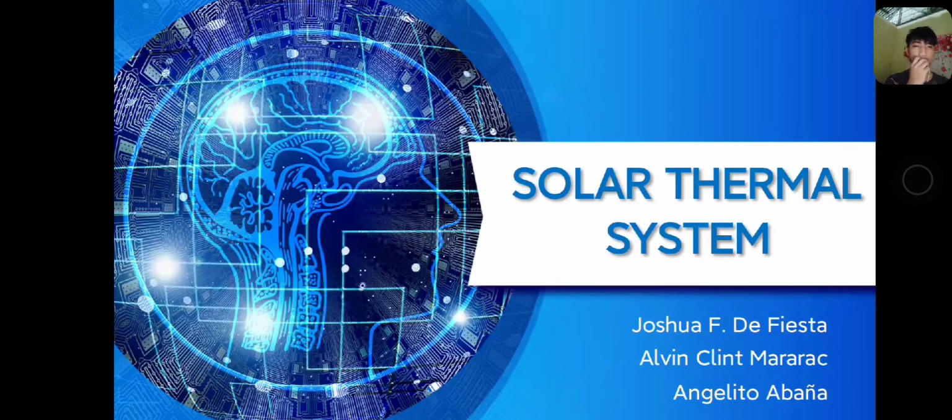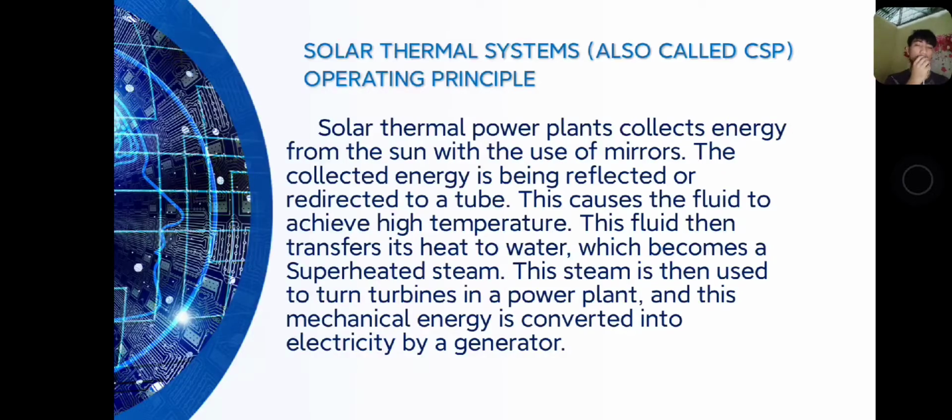Continuation of our discussion about the two types of solar power plant. Previously, we discussed the photovoltaic system, and now we're going to discuss the solar thermal system. The operating principle of the solar thermal system, also called CSP: solar thermal power plants collect energy from the sun with the use of mirrors.